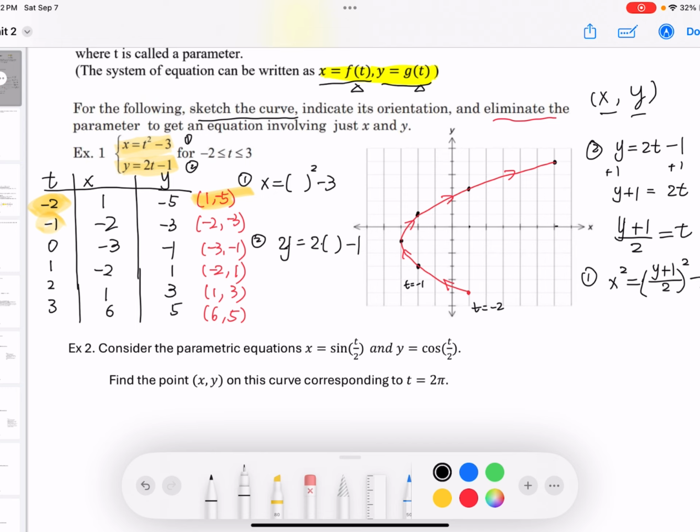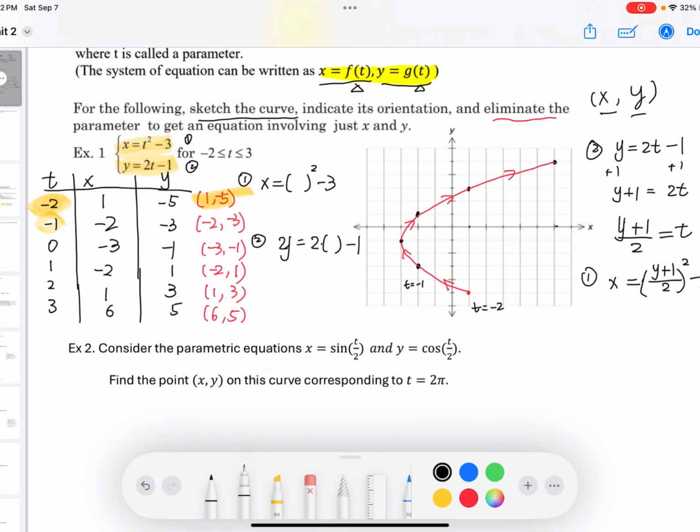Oh, sorry, I made a mistake. Here, x has no square, just x is equal to ((y plus 1) divided by 2) all squared, minus 3. All right, let's rewrite it because we want to rearrange it.